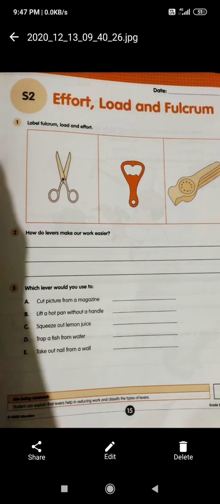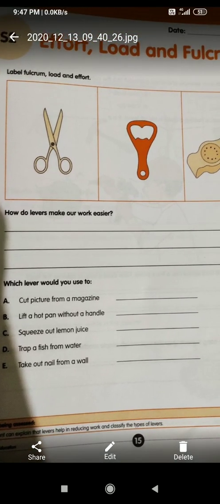The second question: how do levers make our work easier? Based on the above examples, you can write the second answer. The third question: which lever would you use for the examples given? Cut pictures from a magazine, which lever will you use? Write that one.